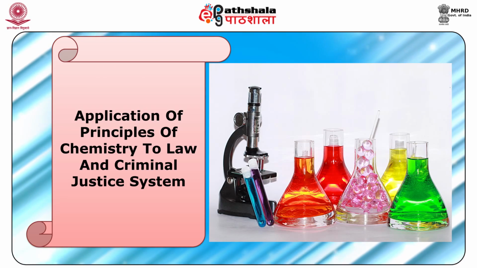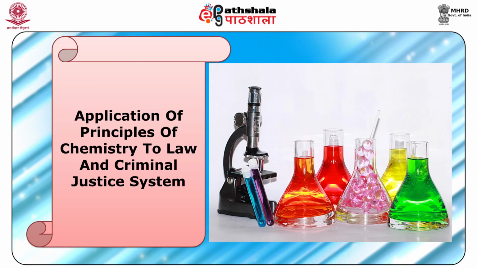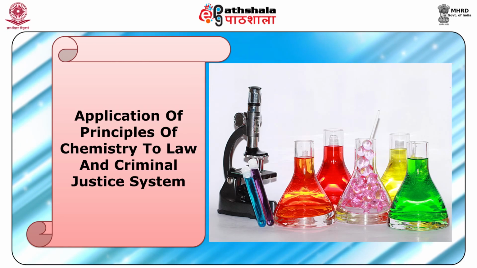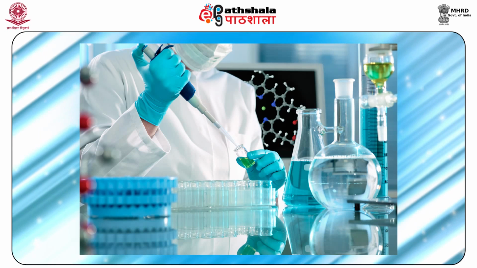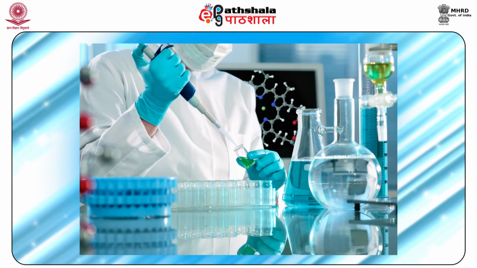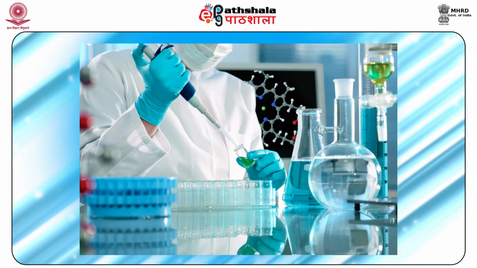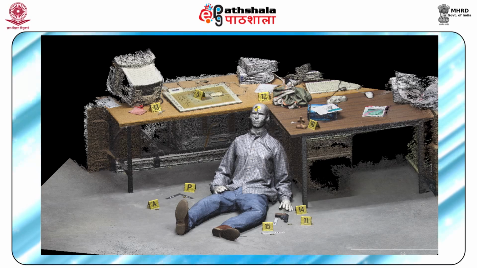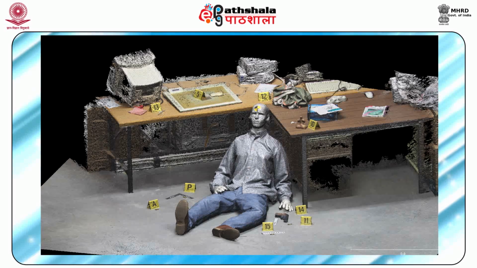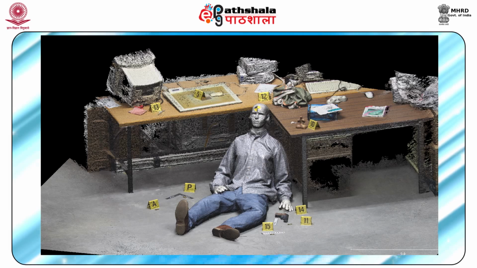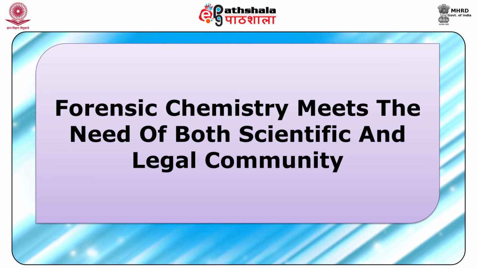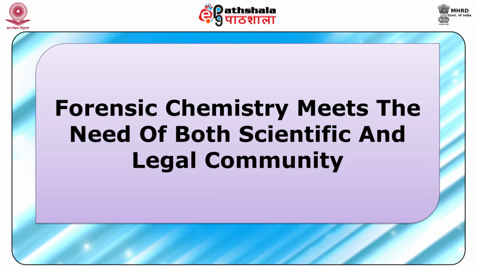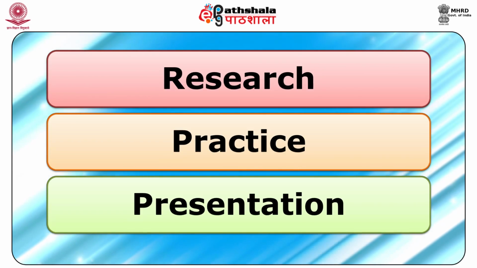Forensic chemistry is the application of principles of chemistry to law and the criminal justice system. There are various analytical methods which may be used to find out the chemical changes that occurred during any incident, and in this way it helps in the reconstruction of the crime scene. Forensic chemistry meets the need of both the scientific and the legal communities by innovations in its research, practice, and presentation.